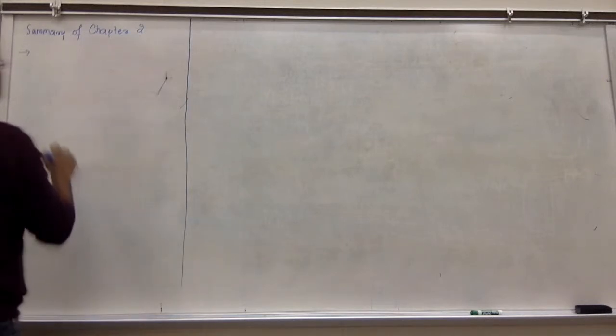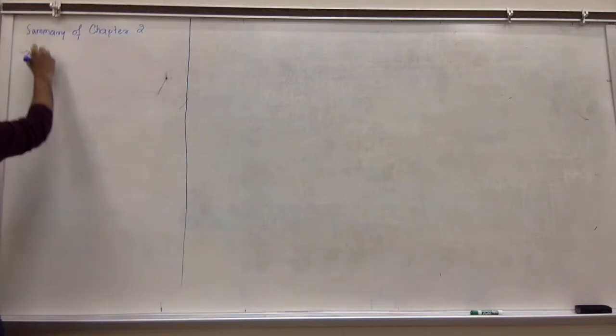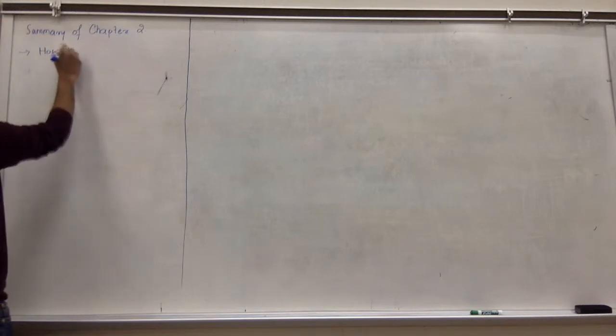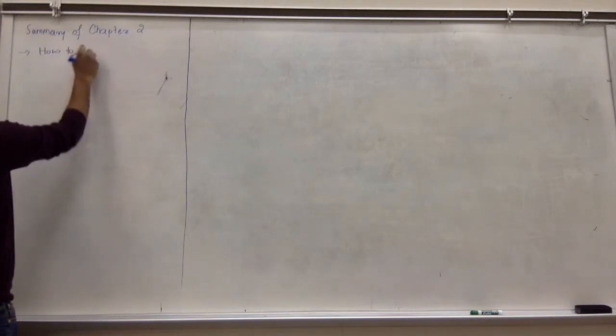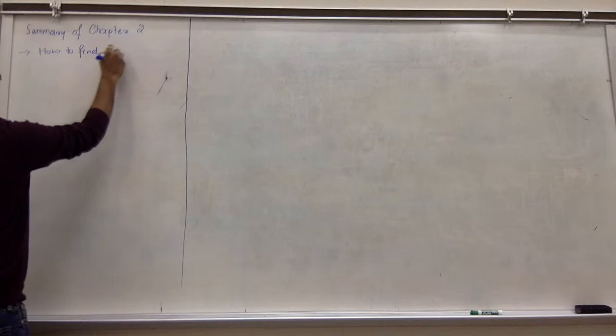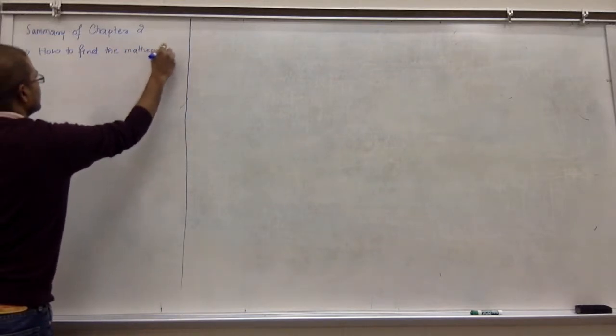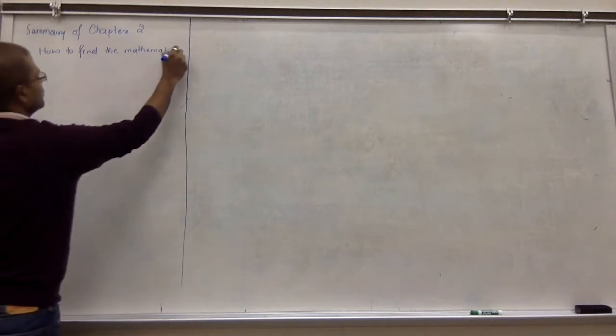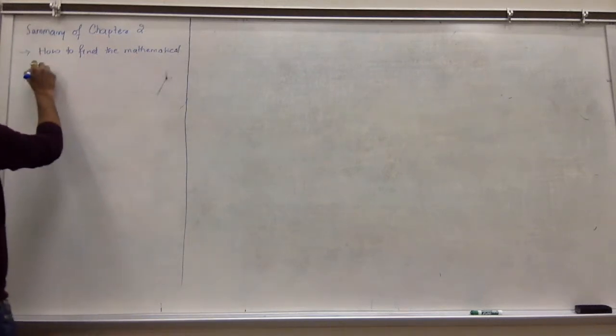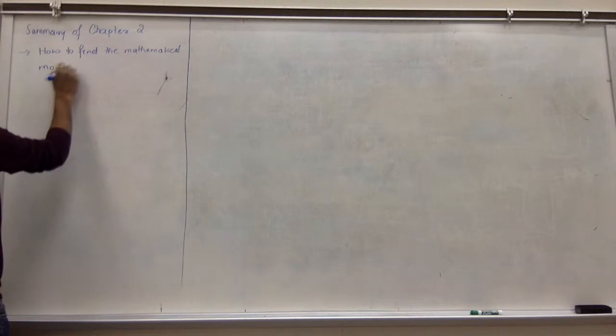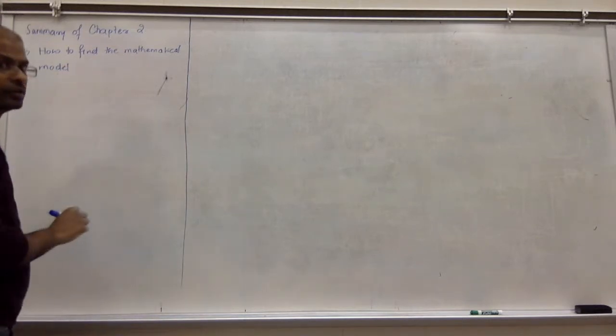The main focus of chapter 2 has been how to find the mathematical model. I kind of like chapter 2. I had struggled with those electrical currents, and it was making sense now.